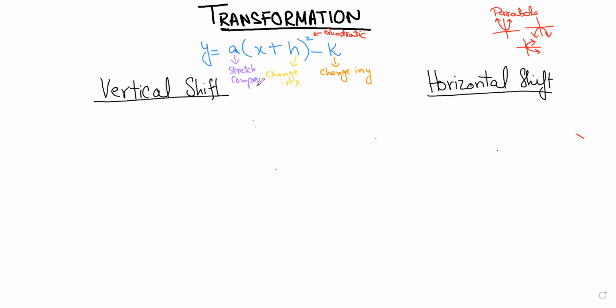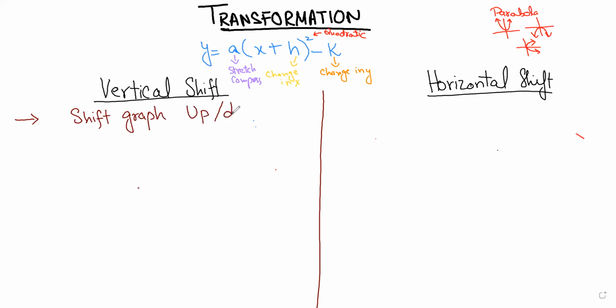Now, in order to solve our graphical form in a transformation form, we should know what the vertical shift is and what the horizontal shift is. First of all, we have some rules in vertical shift. Vertical shift means that we have to shift our graph vertically, either up or down.